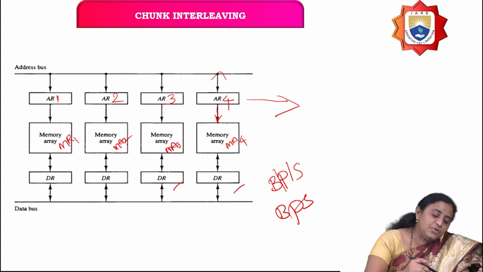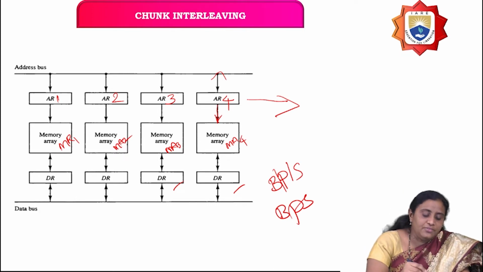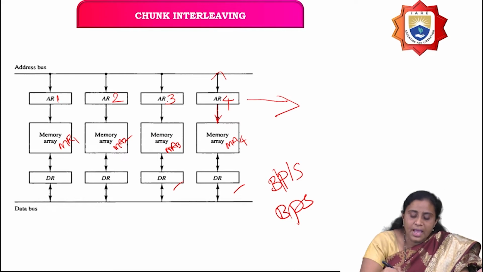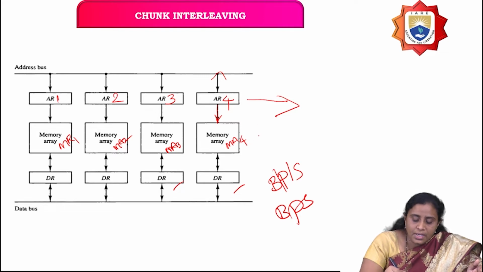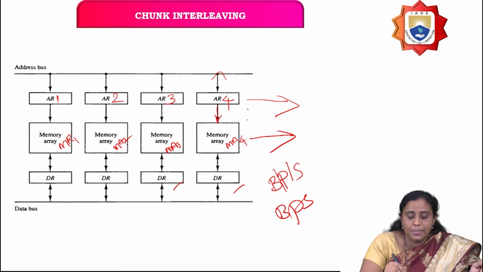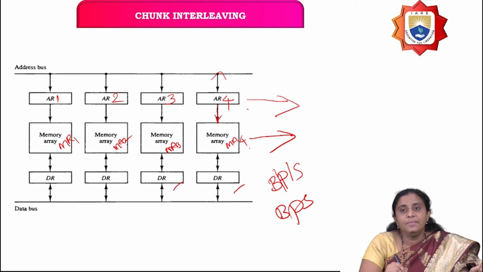The memory array for AR1 is memory array 1. The memory array allotted for AR2 is memory array 2, the one allotted for AR3 is memory array 3, and the one allotted for AR4 is memory array 4. After that, we have to identify the chunk interleaving whenever the memory allocation takes place for all 4 address registers, mixed with the memory arrays.